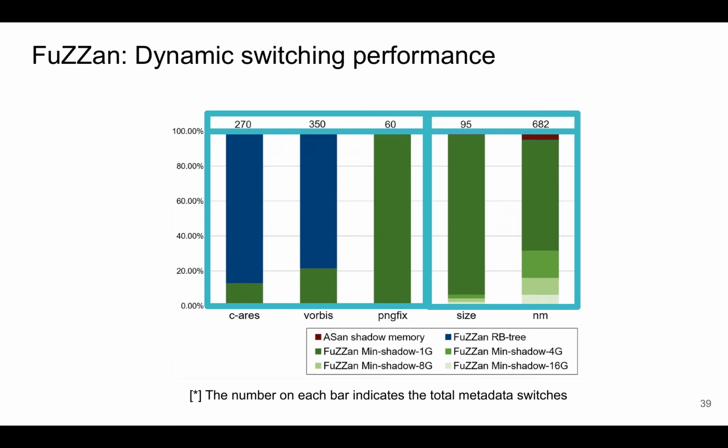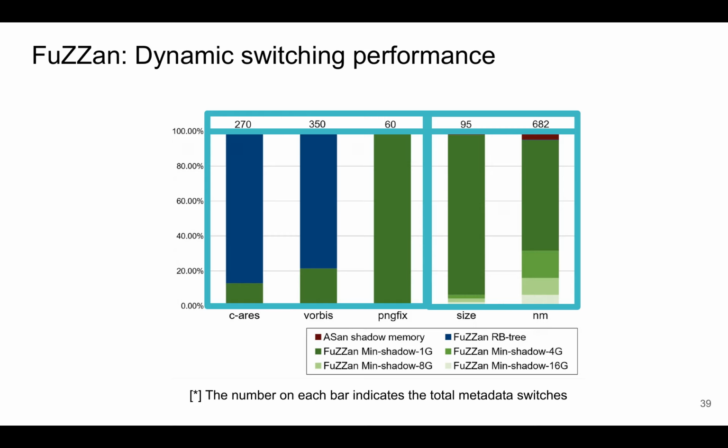Are we actually switching at runtime? So as it turns out, yes, we are. There's a different kind of standard benchmarks used in fuzzing. So we're actually switching between different kinds of data structures. For example, these two applications, RS and Vorbis, the audio codec, actually use the red-black tree most of the time, as it is most efficient in these applications.